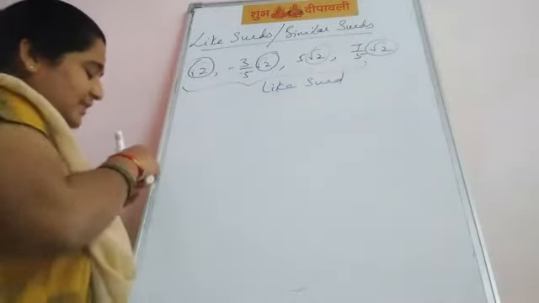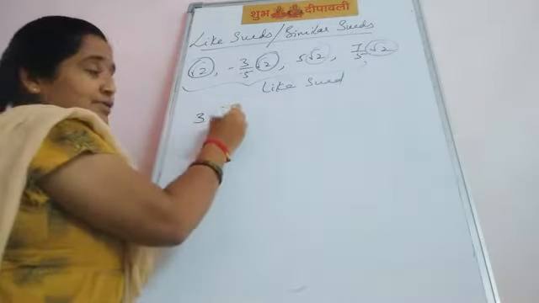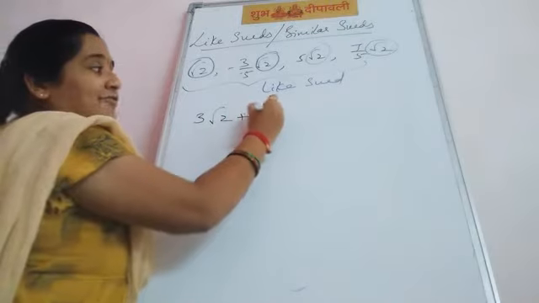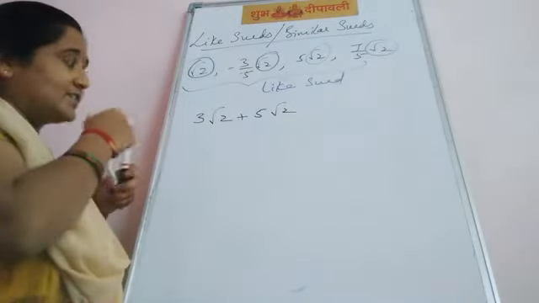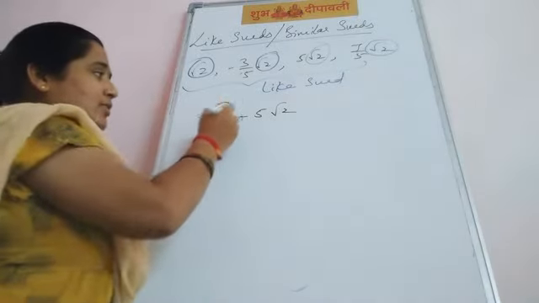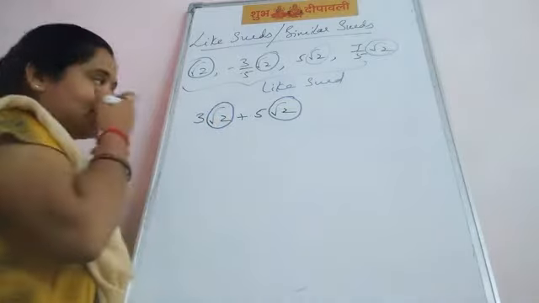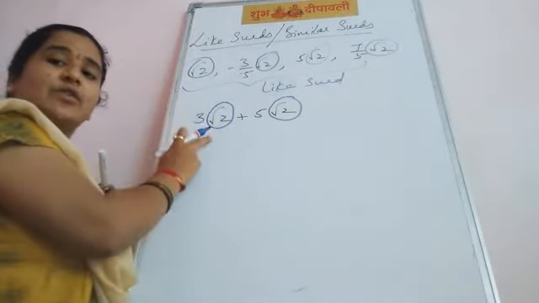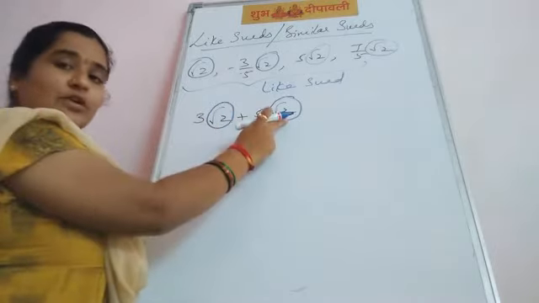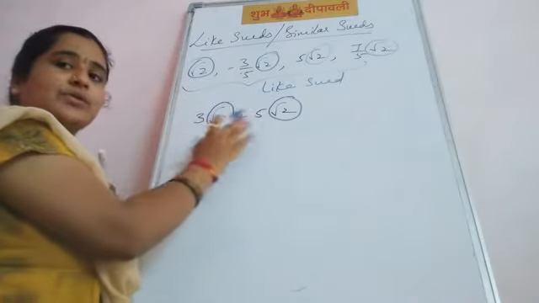See, for example, we can write it in the addition form also: 3 root 2 plus 5 root 2. Can I do addition? Yes, why not? See here, root 2 is the same. They are like surds. The order of the surd is 2, here also 2, the order is also the same, and the number inside is 2.